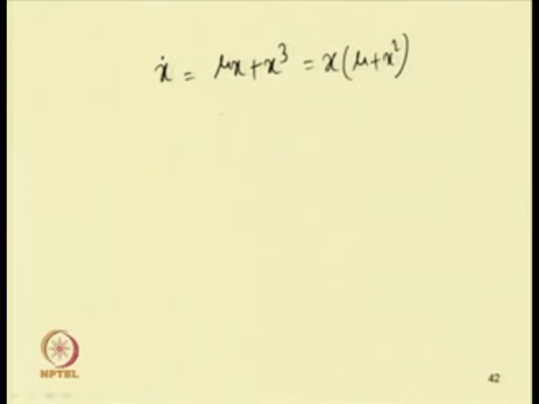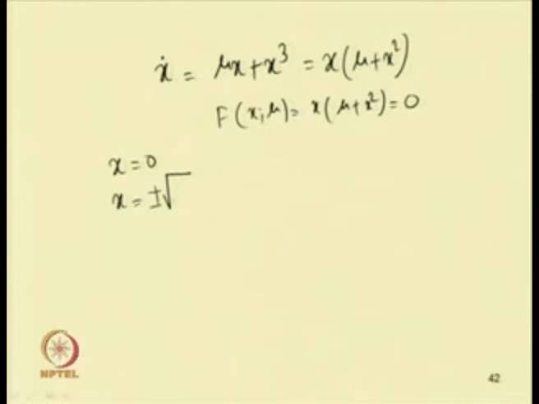So, our f(x, mu) equals x into mu plus x squared, and this is equal to 0. The solution is x equal to 0, one solution, and the other solution becomes x squared equal to minus mu, or x equal to plus minus root over minus mu.